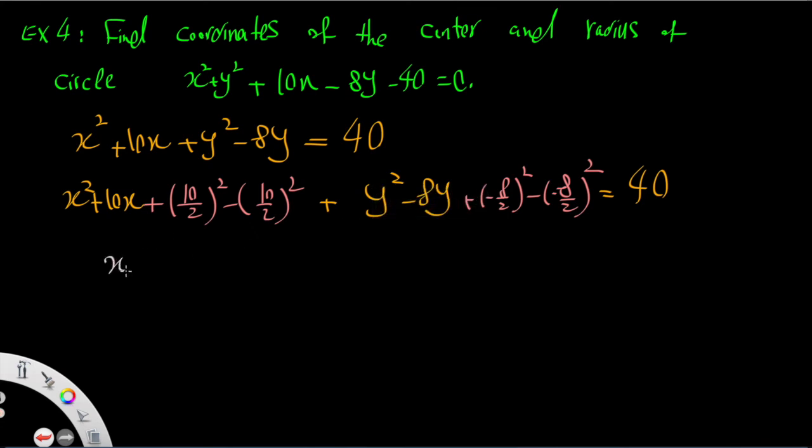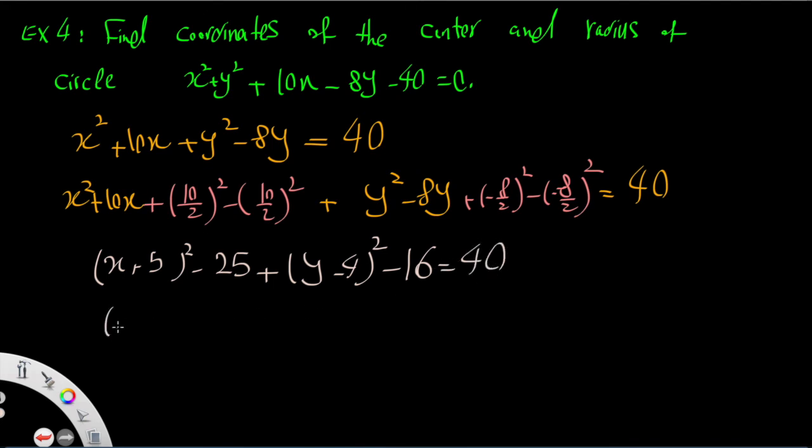Now it will be here x plus 5 squared minus 25 plus y minus 4 squared minus 16 is equal to 40. So it will be x plus 5 squared plus y minus 4 squared is equal to 25 plus 16 plus 40, transferring to the other side, it will be 81.